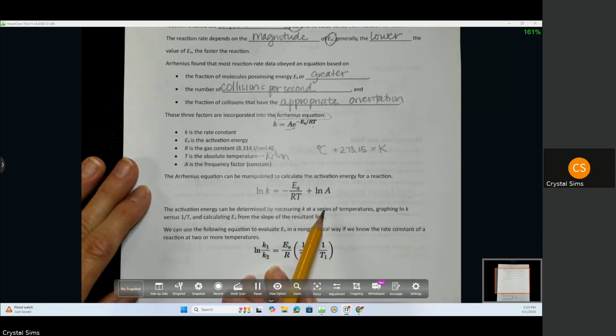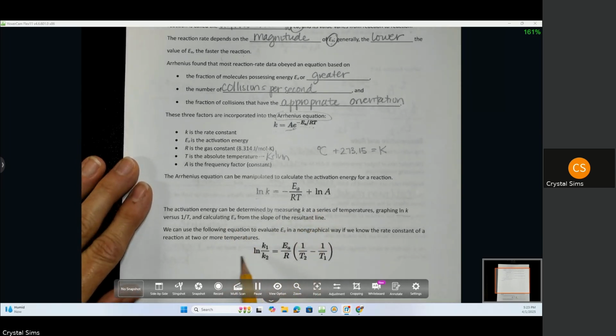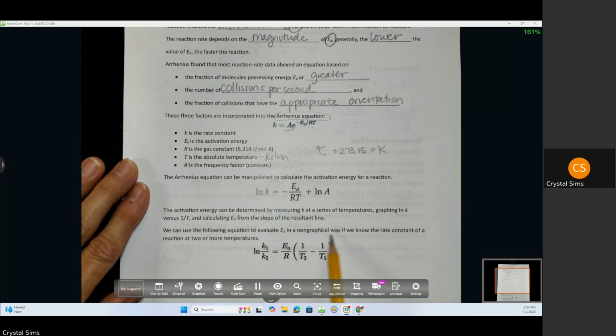We can also manipulate our equation a little bit more to evaluate our activation energy in a non-graphical way. In other words, without graphing, if we know the rate constant, K, of the reaction at 2 or more temperatures, we just take the natural log of our rate constants at 2 different temperatures and input those temperatures here.